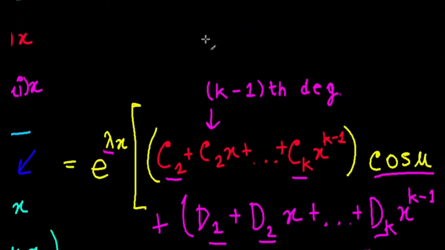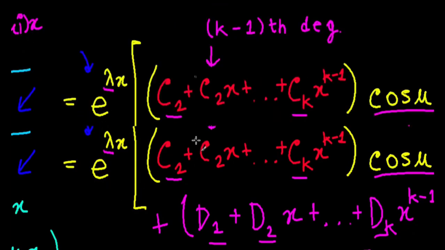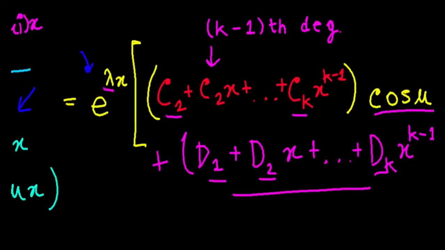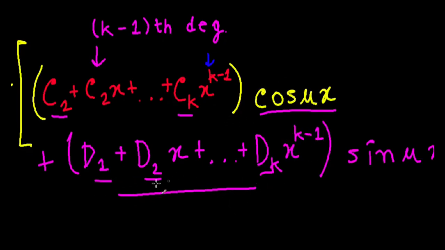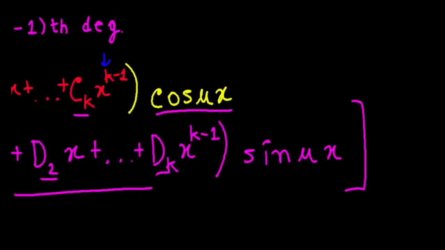Here we saw it's 0 plus or minus 3i, so this is e to the power 0, which is 1. So this factor doesn't matter for now. What you're going to have is only the cosine and sine terms inside. Since it's repeated twice, k is equal to 2, so you're gonna have a general linear term, up to x to the power 1, multiplied by cosine, and a similar general linear term multiplied by sine.